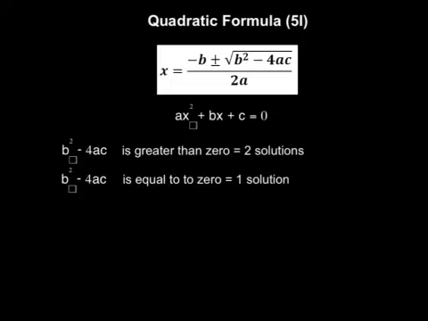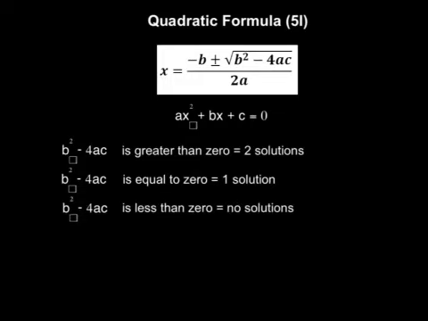Next, if b squared minus 4ac is equal to 0, there is going to be 1 solution. I say this because if this is 0, it's effectively not there, so there's no need to do the equation twice, once adding and once subtracting, because this minus b is not going to change.